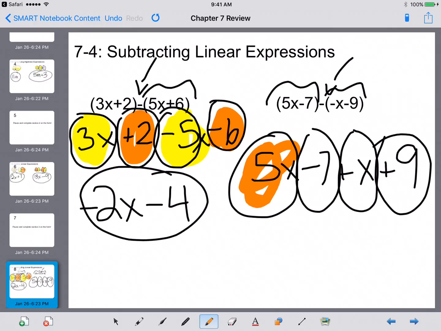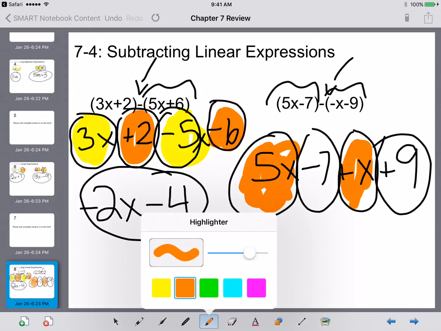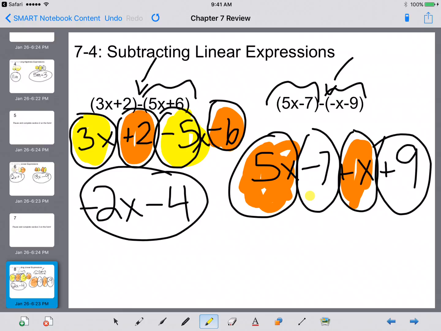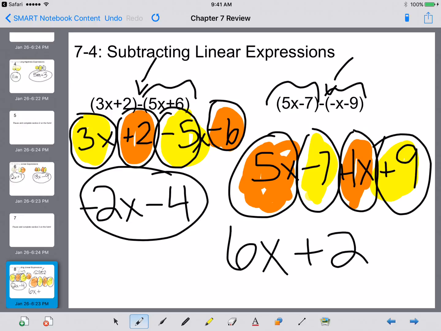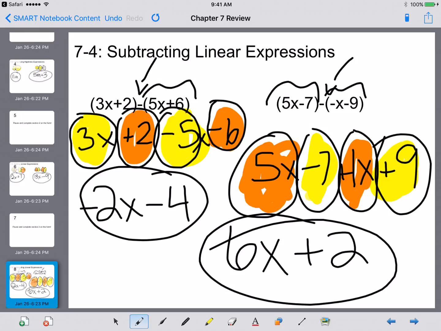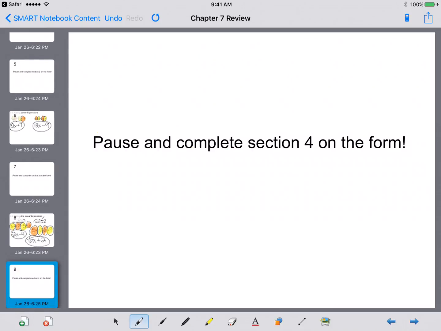Figure out your like terms, so 5x and plus x, and minus 7 and plus 9. Combine your like terms, so you add them together, plus 5x and plus x. The coefficient of just x is 1. Don't forget that. So you have 5x plus 1x to get you 6x. And then negative 7 plus 9 gets you 2. And there's your answer there. You can pause and complete section 4.